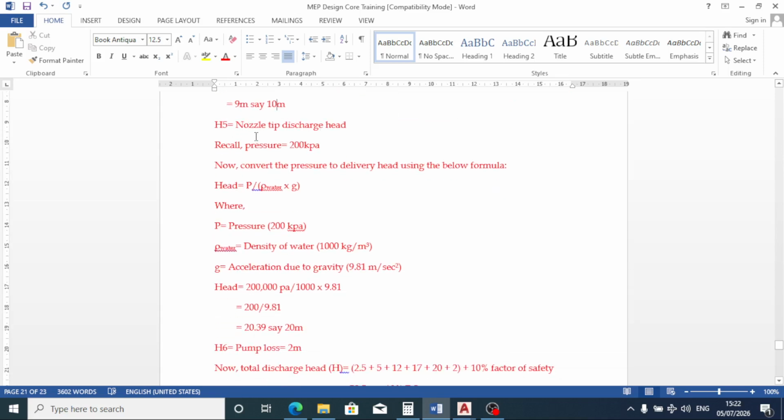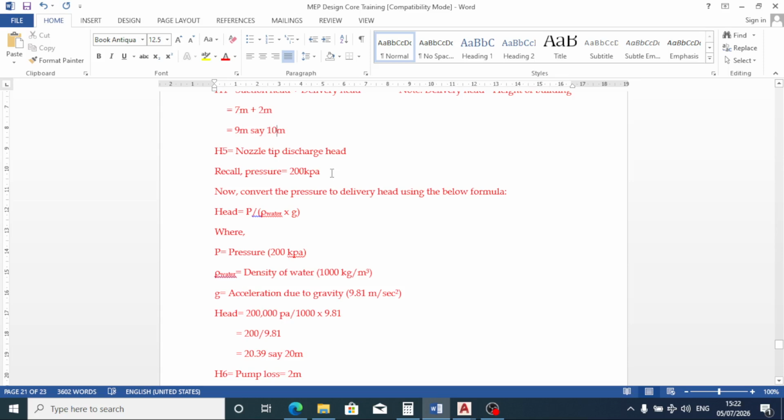So now nozzle tip discharge. Remember the minimum required pressure is 200 kilopascal. So in order to attain this, of course there are forces the pump needs to take care of. So let's convert this now to meters. Convert the pressure to delivery head using the below formula.